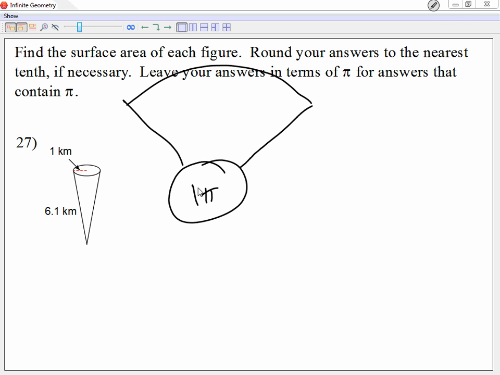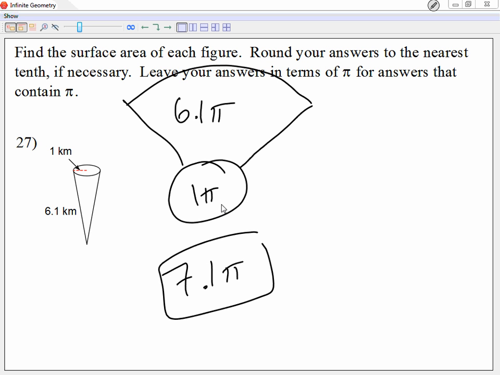Because remember, keep in mind, I went radius squared, right? 1 squared, still 1. So radius squared. Now for this other side, I'm going to multiply the radius with 6.1. So 1 times 6.1, I get 6.1 pi. You multiply the radius and the lateral height. Multiply those two numbers and pi. Then just add everything. In my case, I should get 7.1 pi.